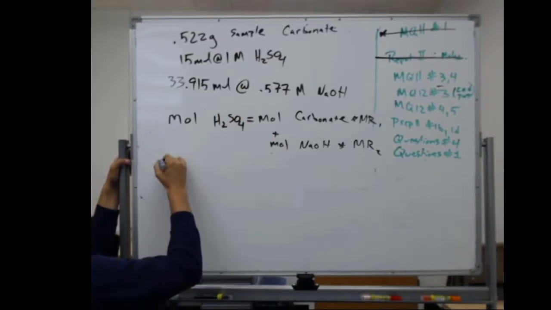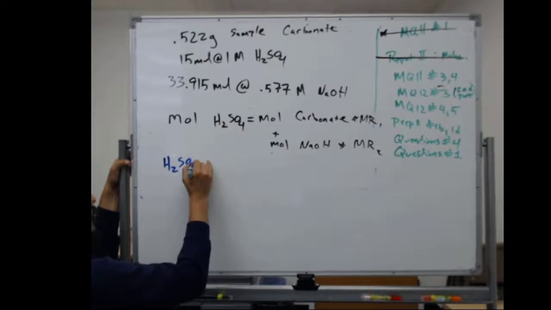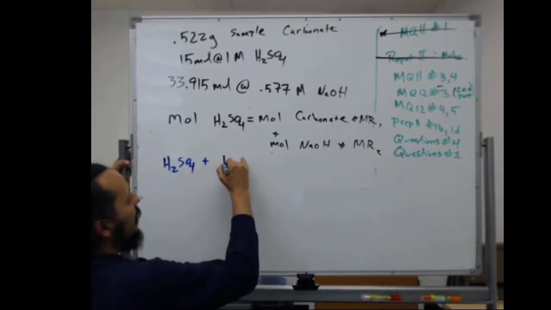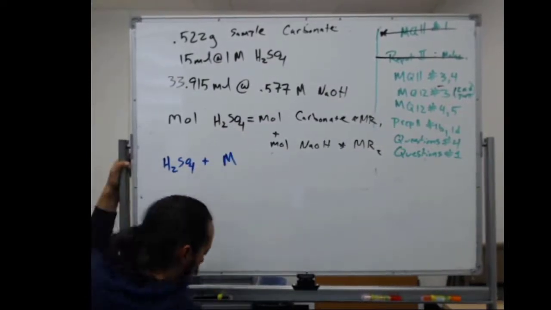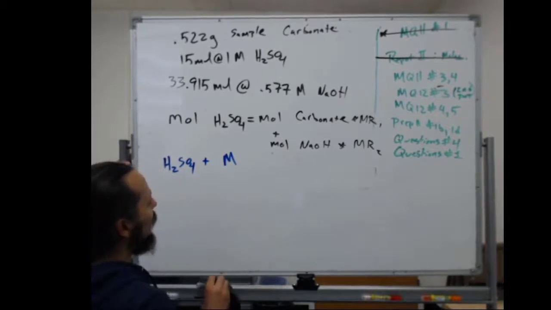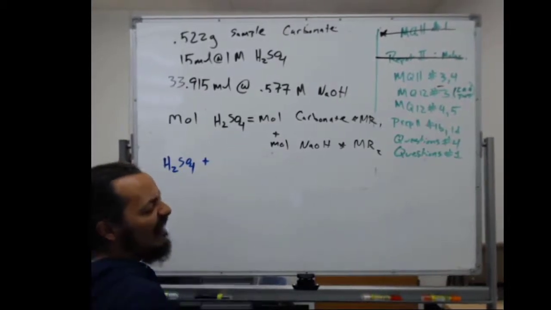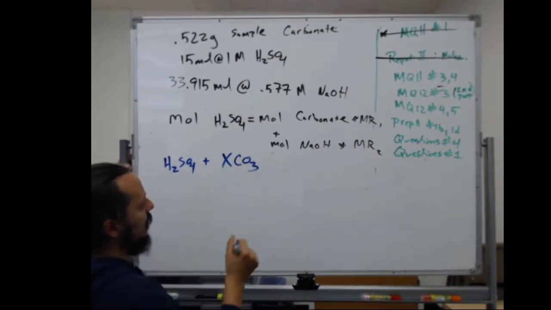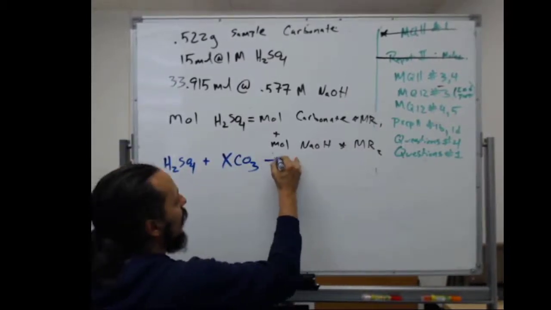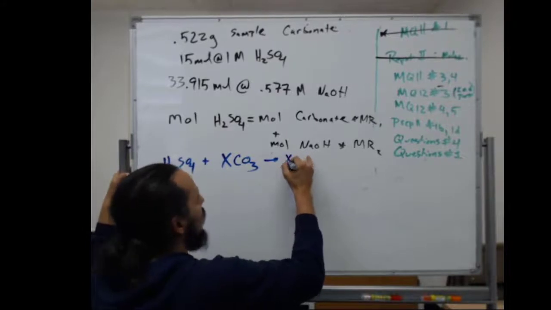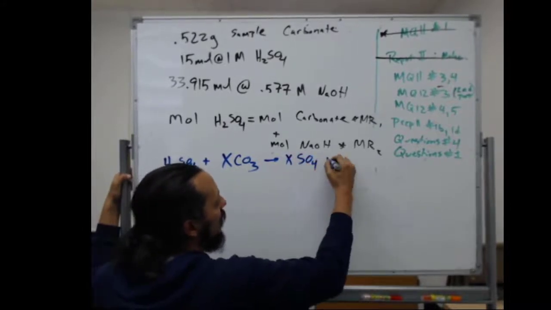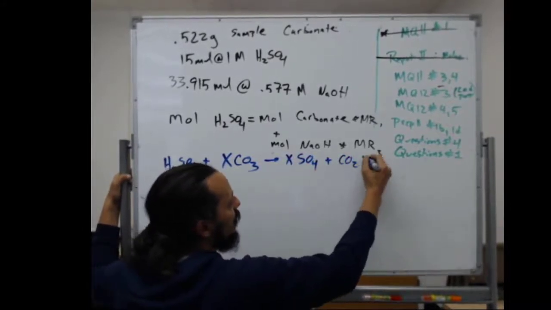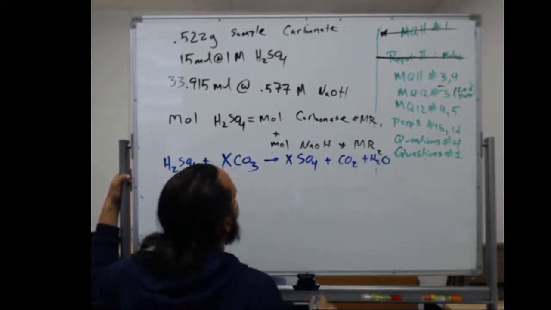So I'm going to have H2SO4 plus, I'm just going to call it unknown. What's a good unknown? Let's call it X. We've got unknown X, CO3, and that's going to go to XSO4 plus CO2 plus H2O.